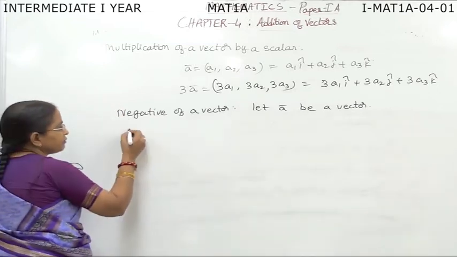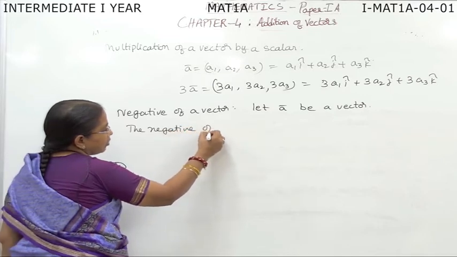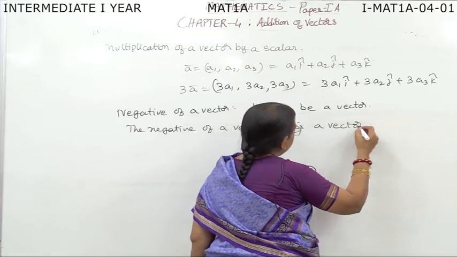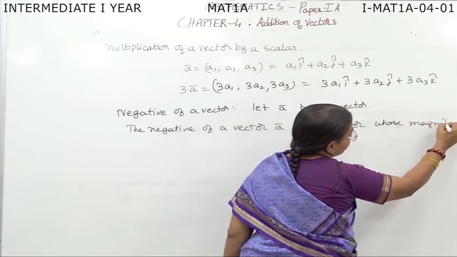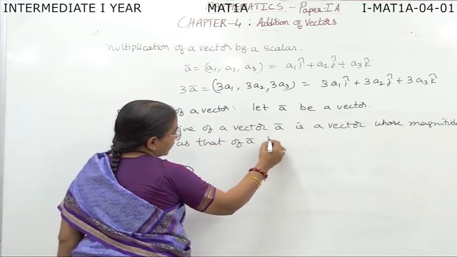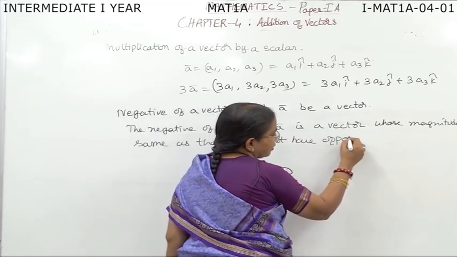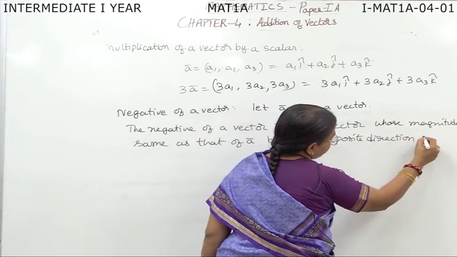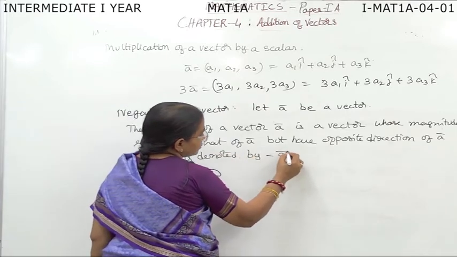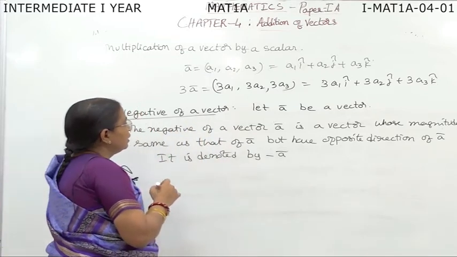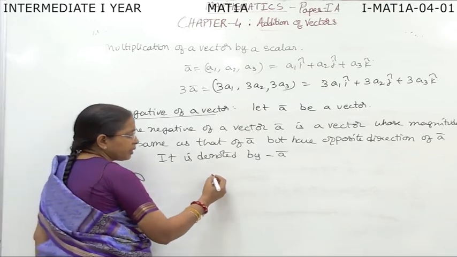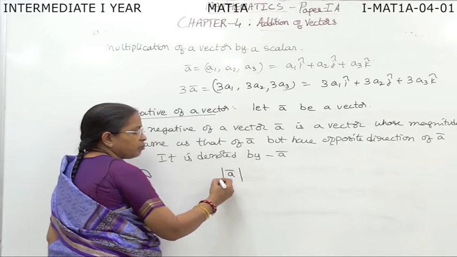Then the negative of the vector A is a vector whose magnitude is the same as that of A but which has the opposite direction of A. It is denoted by minus A. The magnitude of a vector is denoted by mod A. This is the symbol.